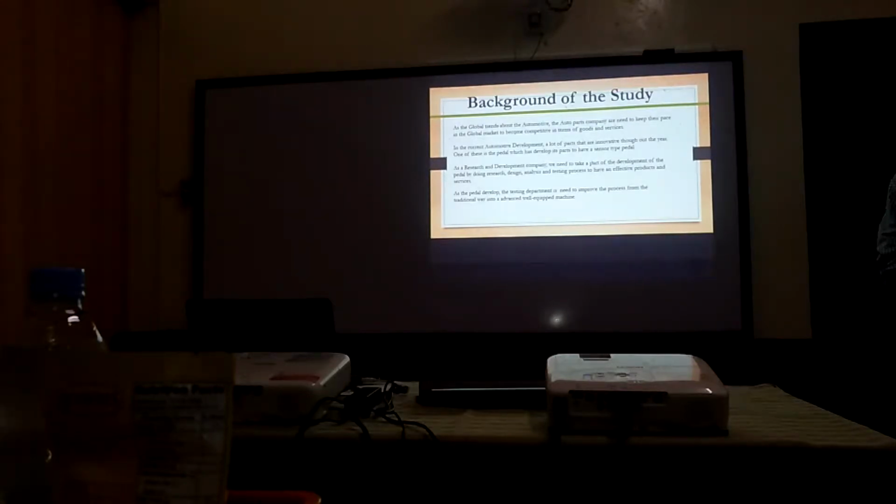As a part of R&D and development company, we need to take a part of the development of the pedal by doing research, design, analysis, and testing process to have efficient products and services. As the pedal developed, the testing department needs to improve the process from the traditional way into an advanced, well-equipped machine.